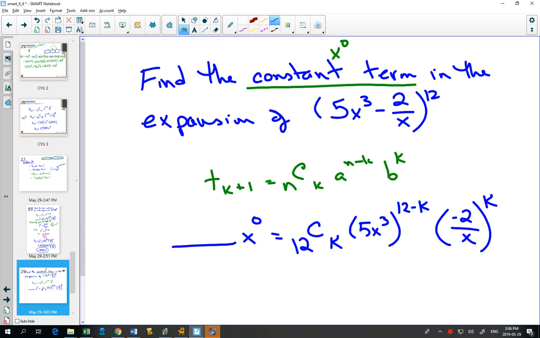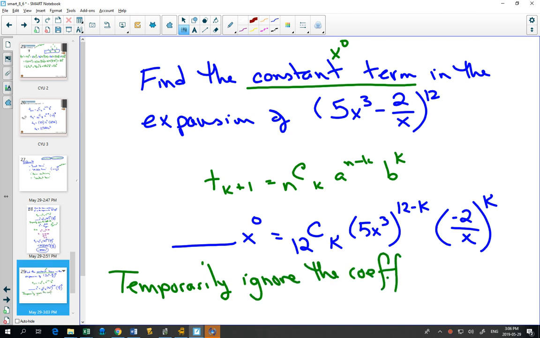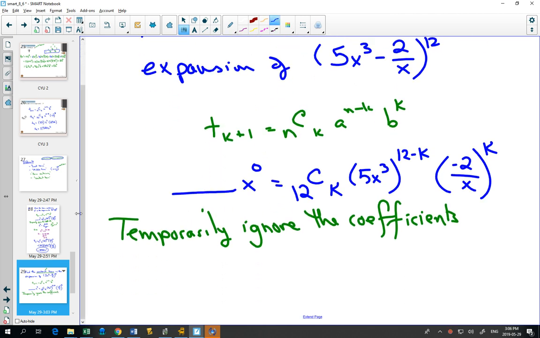Once again, and I do want you to write this down while you're working on this, temporarily ignore the coefficients.